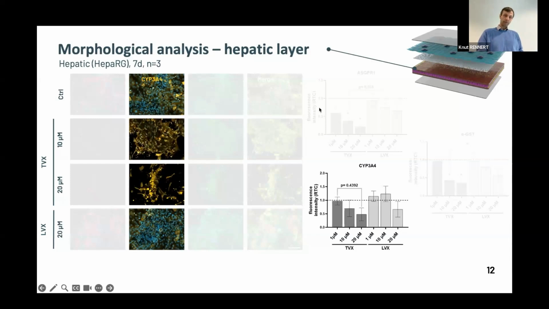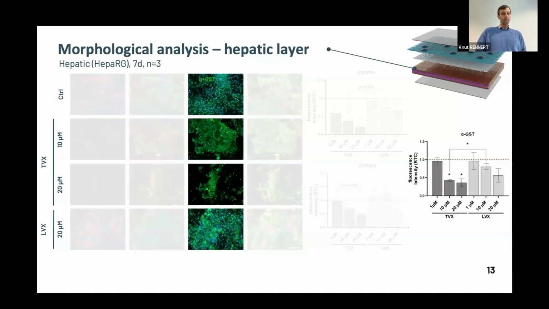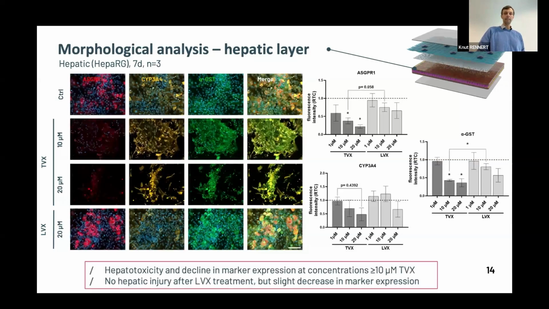Here we couldn't find a significant difference, but you see that the hepatocytes are really harmed at high concentrations of trovafloxacin. And we also checked for alpha-glutathione S transferase, and you can also see here the layer is harmed, and you also see a significant decrease in fluorescence intensity.